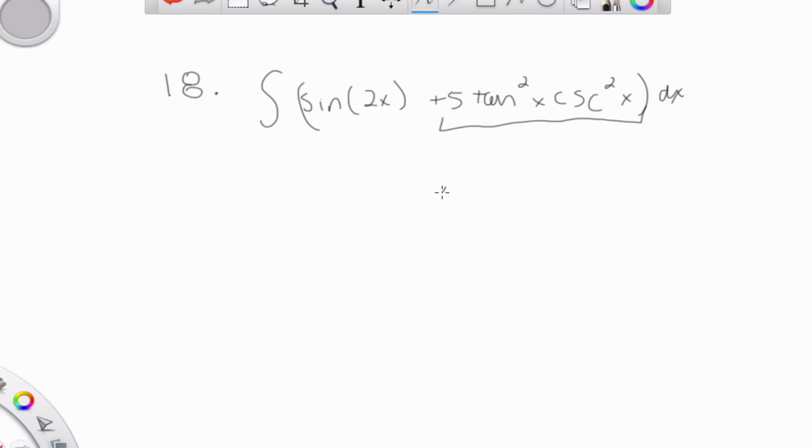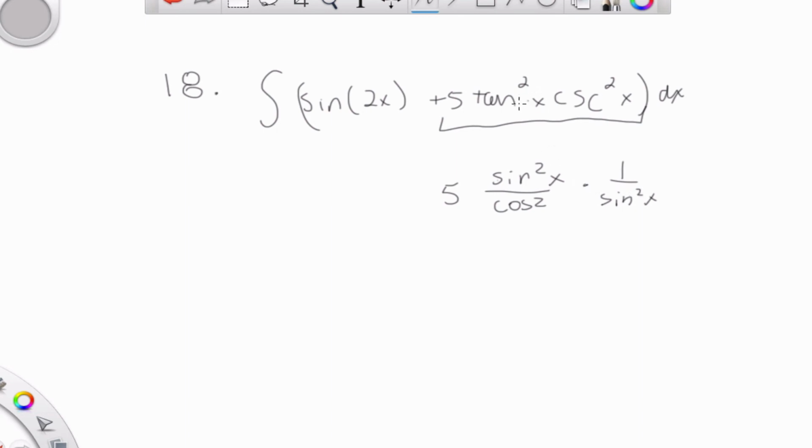So tan x, and this is really your trig function training here. Tan x, hopefully you know, is sine over cosine, but it's squared, so it's sine squared over cosine squared. Cosecant is 1 over sine, and because it's squared, it's going to be 1 over sine squared x.